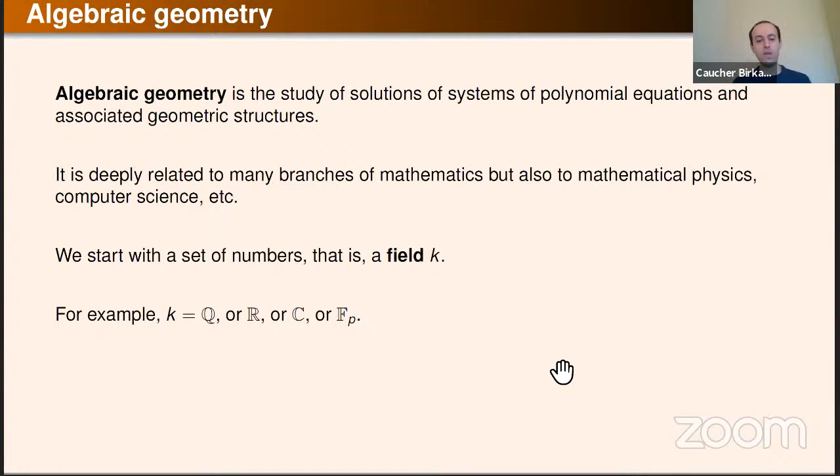So as soon as you have a field, you then get algebraic geometry. More modern algebraic geometry, in fact, can work even with arbitrary commutative rings. So you can even start with rings and build algebraic geometry on top of that. But let's just stick with these familiar examples of fields.